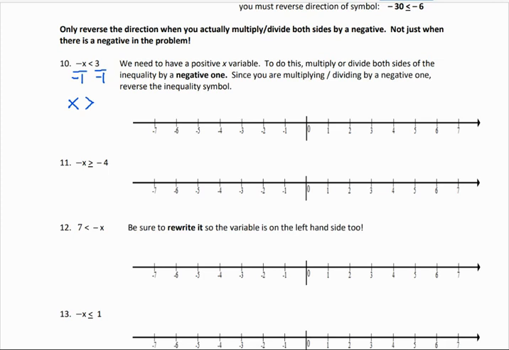Now, what's 3 divided by -1? -3. So this right here is what I'm boxing in. That's what I need to go plot. So I go to -3, open circle, because it's just a greater than. So I want the values that are larger. That's to the right.